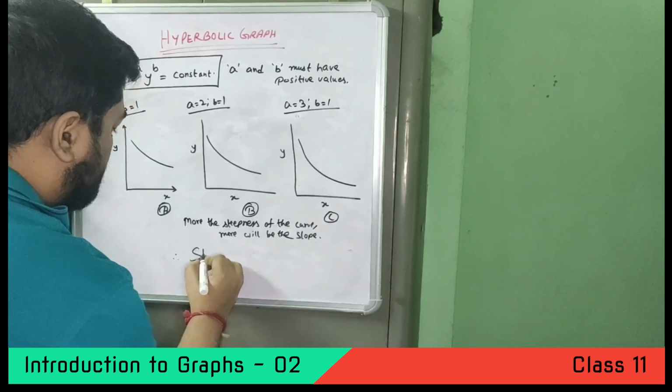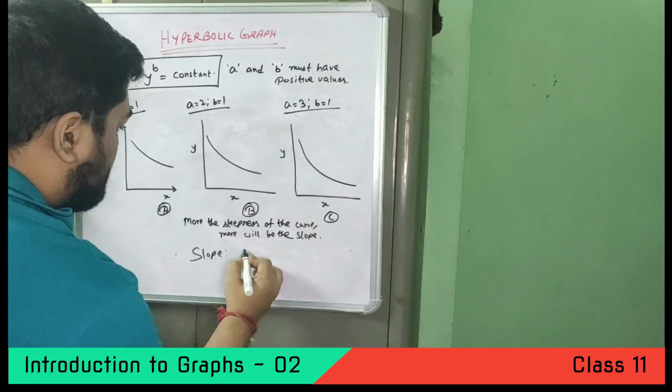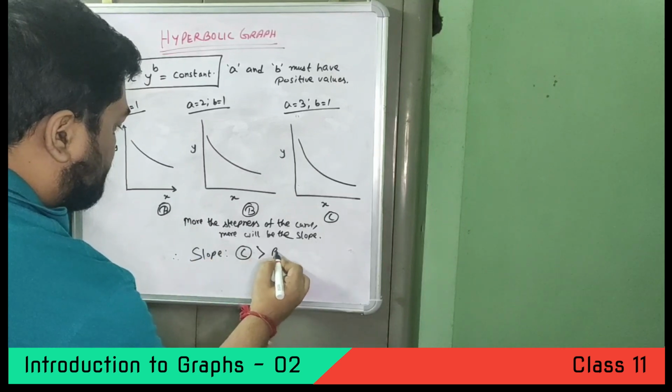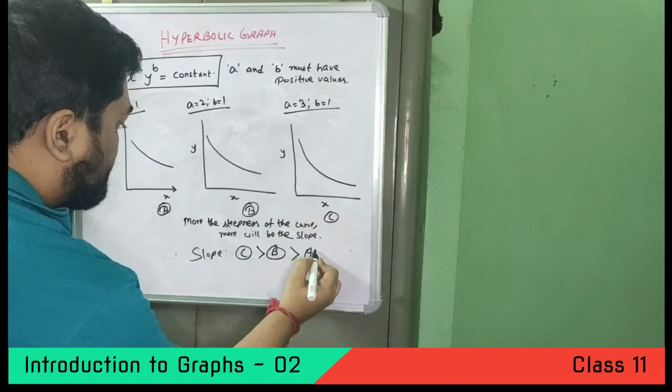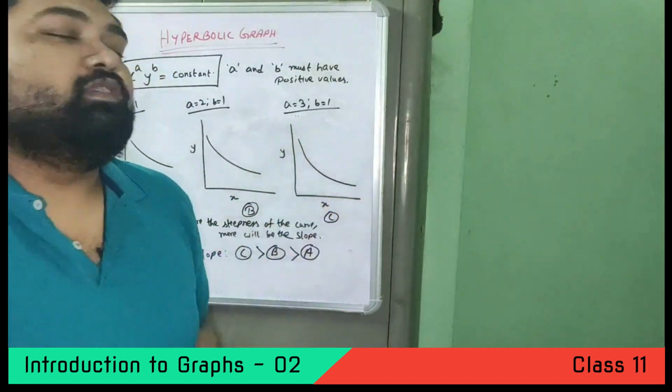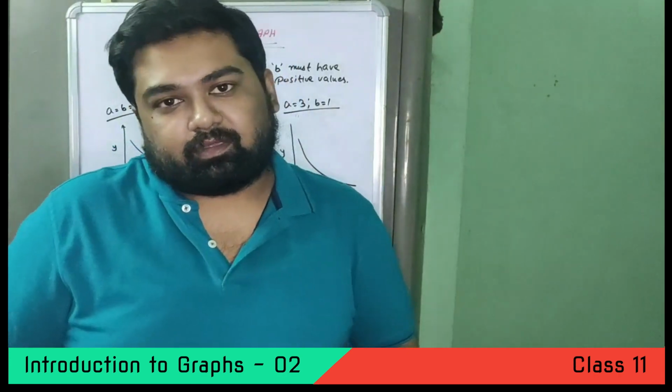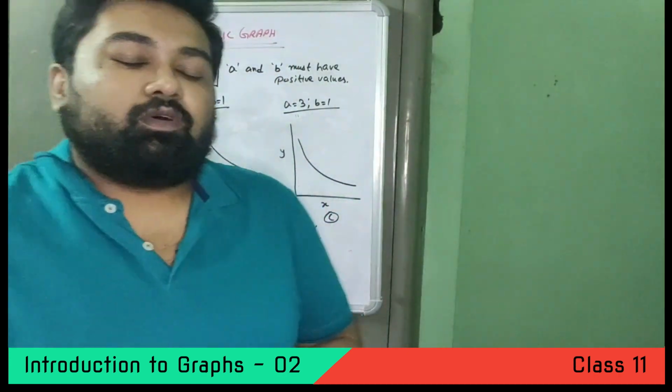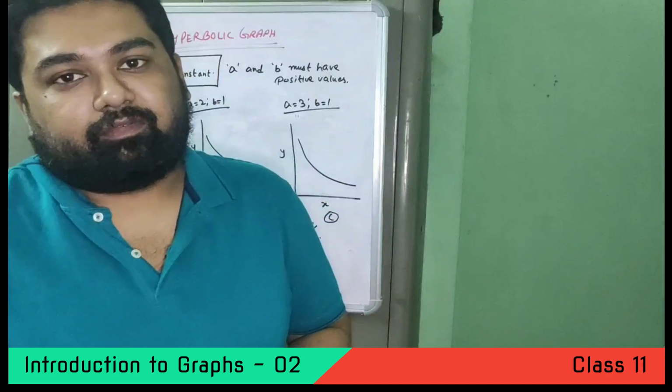So the slope order will be c greater than b greater than a. Why is c the highest? Because its steepness is the highest among a, b and c. So this was all about the concept of graph.